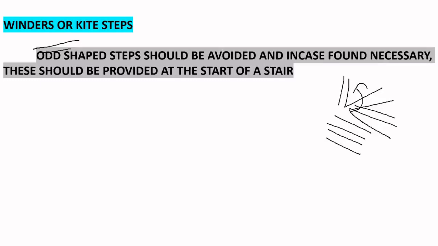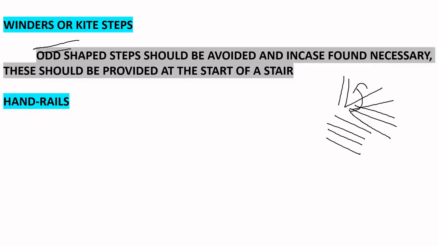Odd shaped steps should be avoided, and in case found necessary, these should be provided at the start of a stair. Winders should be avoided in the middle of the flight. It is better to provide them at the starting of the stair.